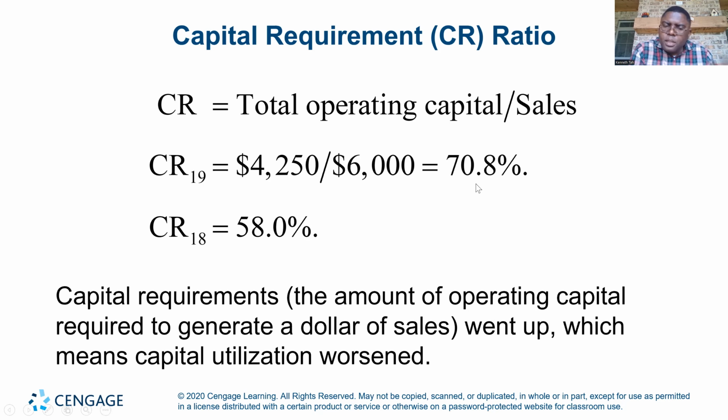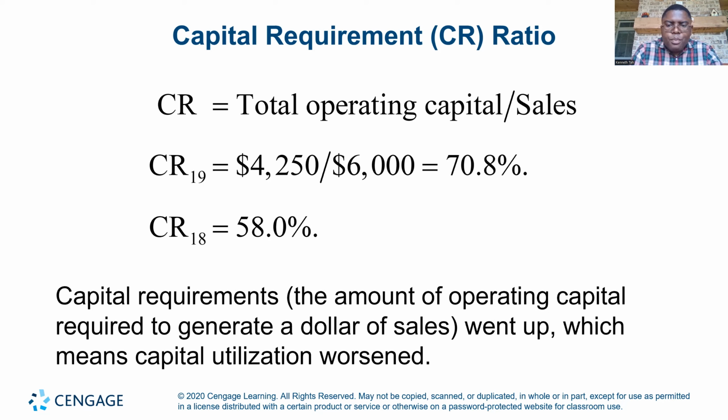That gives us a capital requirement of 70.8%. And for 2018, it is 58%. So what we find is that capital requirement is increasing as the company moves from 2018 to 2019.